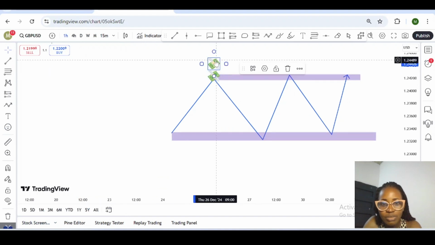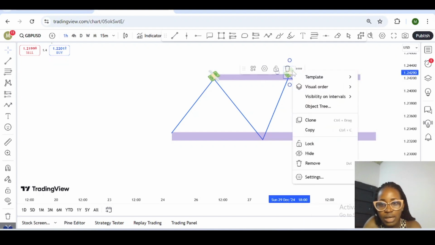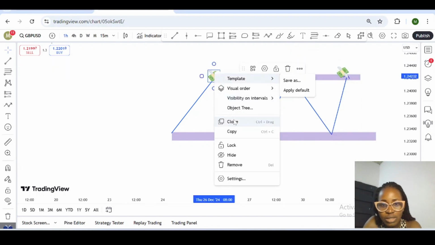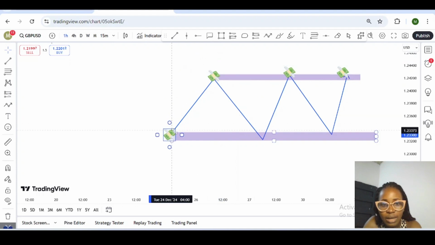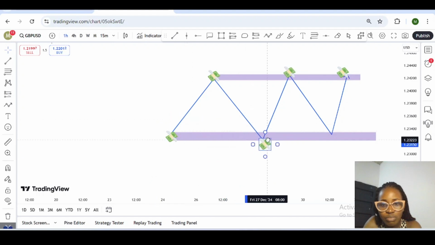The market makers believe that retail traders have come into the market with their money, placing their stop loss just above here. And some retail traders have also come into the market, placing their stop loss and their pending order just below this support level.